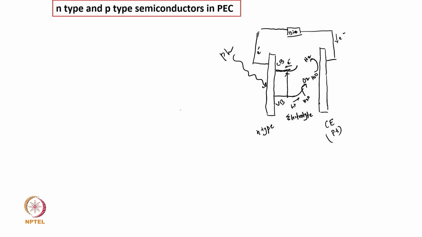Okay. So this is the case when we have an N-type semiconductor as a photoelectrode.